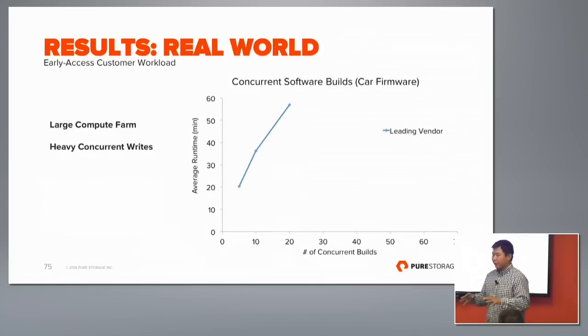Here at Pure, we focus on real-world results, so I want to shift our attention to some results that have come from an early access customer. This customer is a car manufacturer, but it's really a software development house. There's a ton of software that goes into cars these days: a lot of firmware, a lot of bespoke software, and third-party tool chains. One of their big pain points today is coping with the aggregate load on the storage from all that continuous integration, builds and testing.